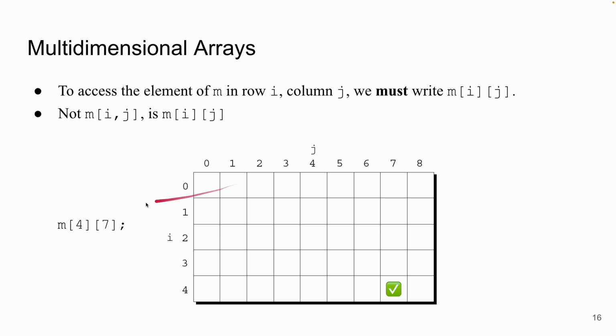And then if I change the numbers to 4, 7 here, all I need to do is to count from 0 to 4 for the row. So this is the 4th row. And then it's at the 7th column. So 0, 1, 2, 3, 4, 5, 6, 7. So this is the element I can get using the expression n[4][7].